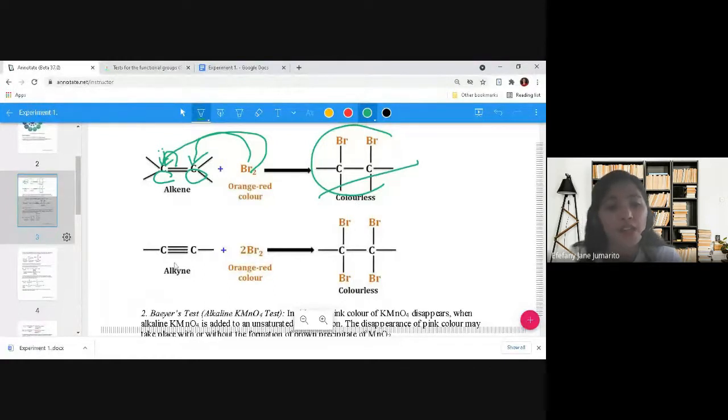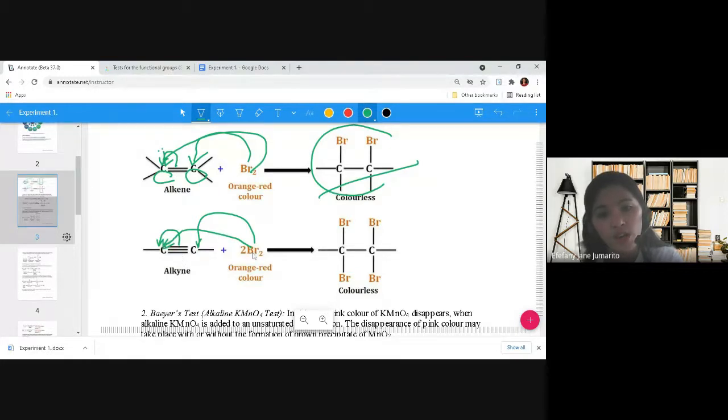Okay, if we have an alkyne, we have two bromine molecules that will attack, and the double bond will move, the electrons will be pushed, and it will go to the Br.